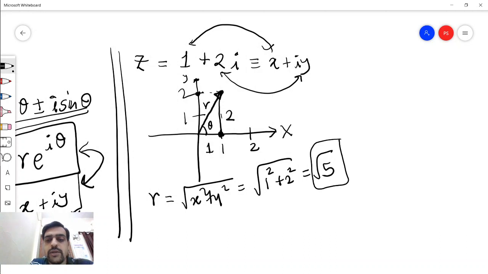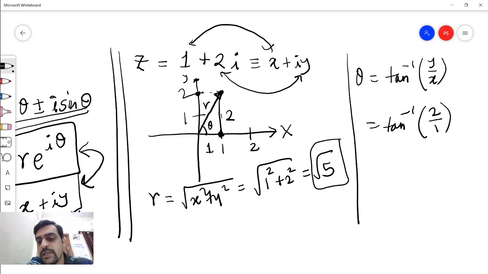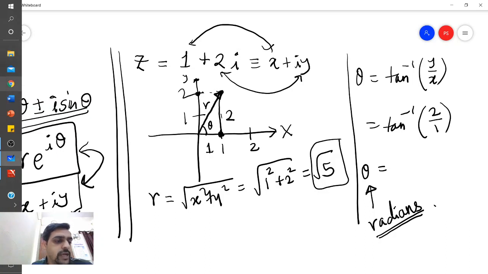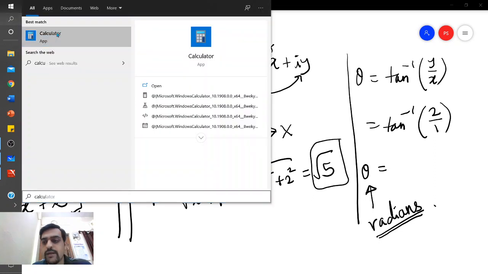So r is known. Now how much will be theta? It will be tan inverse of y by x, so tan inverse of 2 by 1. Whatever value this is, remember theta is to be expressed in radians. So we can just check how much this value comes out to be using any suitable tool, say a calculator.